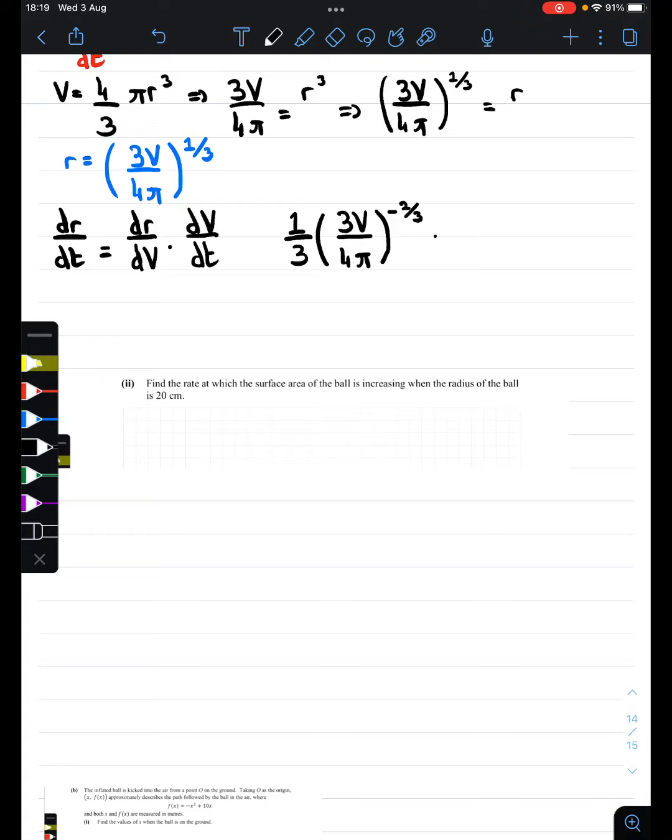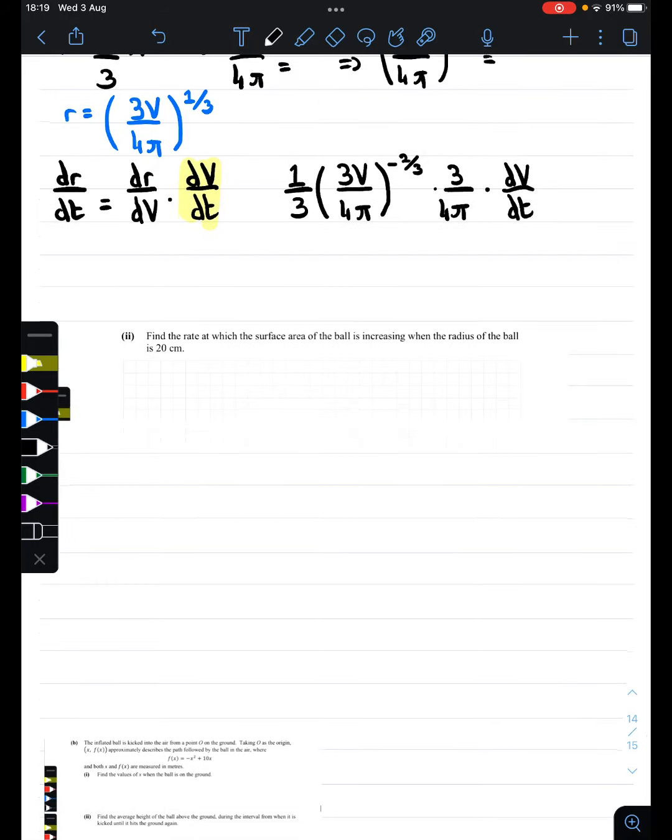And the derivative of this is just 3 over 4 pi. And then we have to multiply this again by dv/dt. So this whole thing equals dr/dt.